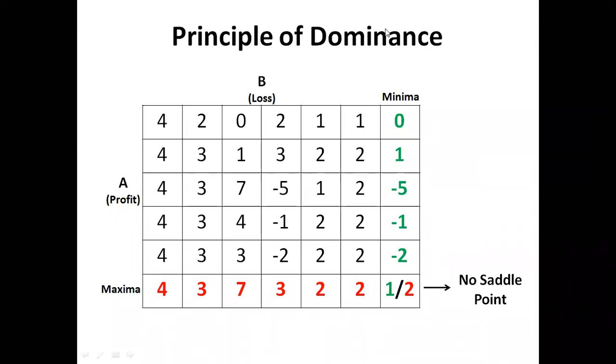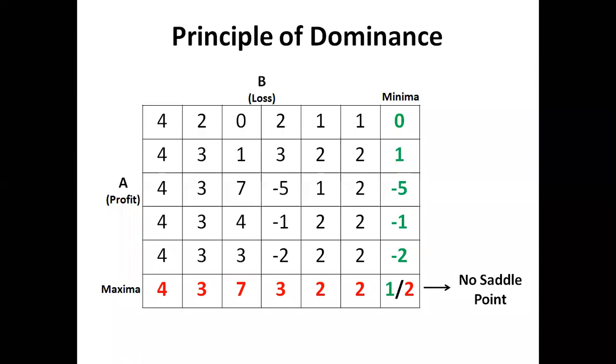But when you have games where you do not have a saddle point, even those games will have the value of game. In that case also we need to determine the strategies, what A will apply and what B will apply. Let's say A is the player who is working for profit and B is the one who is trying to minimize the loss.